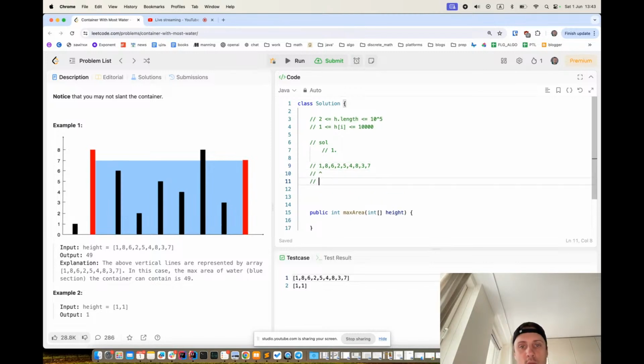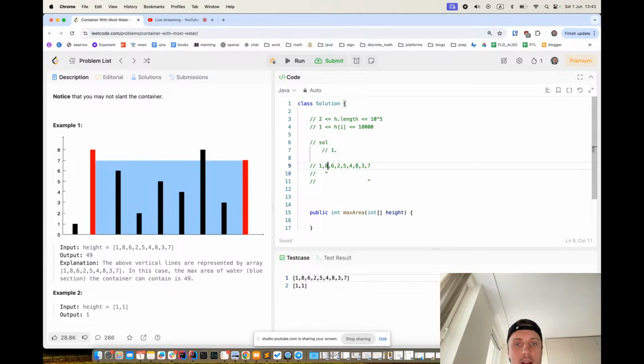Pointer 1 would be here, and pointer 2 would be here. On each position, we should calculate how much water we can hold. So we take the minimum height and the distance between these 2 pointers. And then if we check 2 values, we should move the pointer that is minimum.